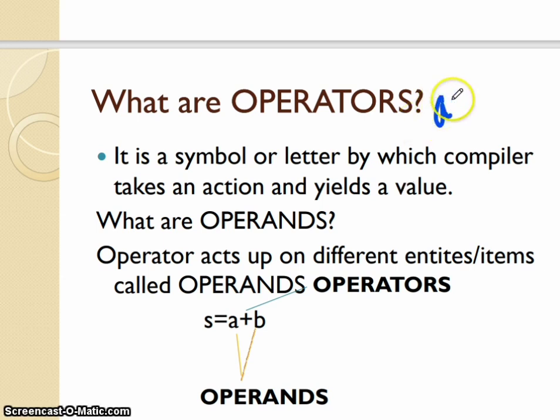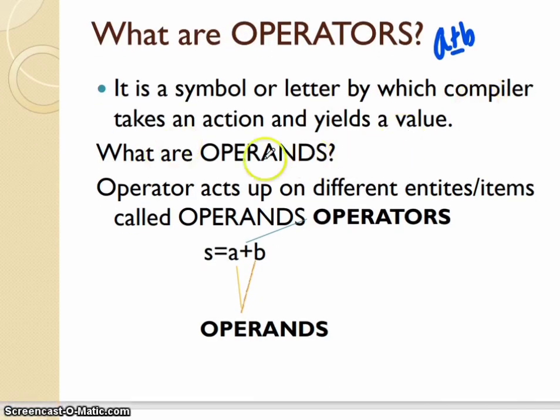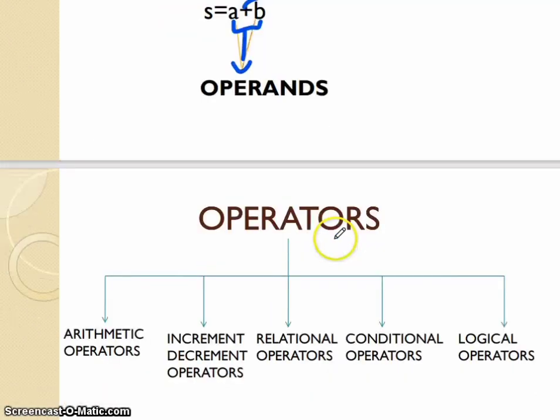If you write a plus b, plus is an addition operator, so the compiler recognizes this operator and takes the action and yields you a value. What are operands? Operator acts upon different data items or entities which are called operands. In the example, s equal to a plus b, a and b are operands and plus is an operator.